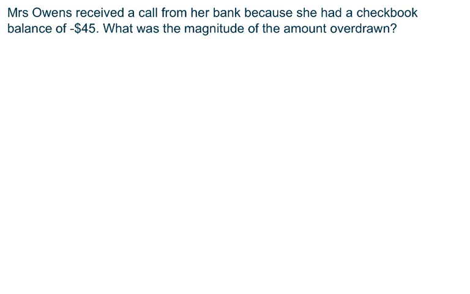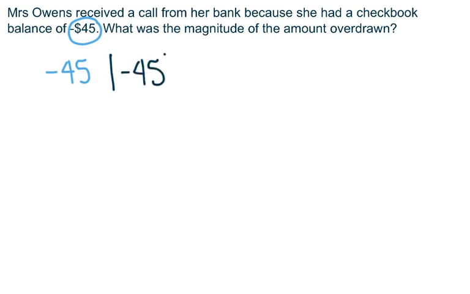Miss Owens received a call from her bank because she had a checkbook balance of negative $45. What was the magnitude of the amount overdrawn? We are going to take our number that was given to us, negative 45, and find the absolute value.